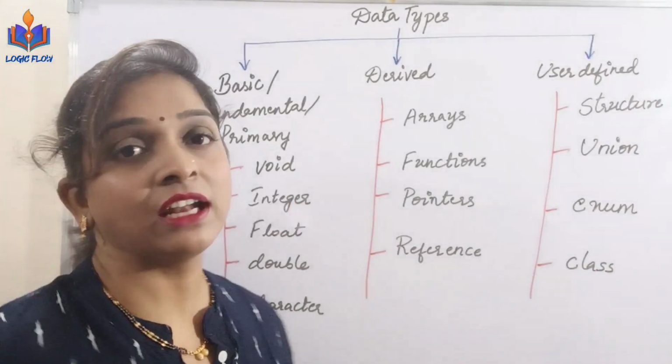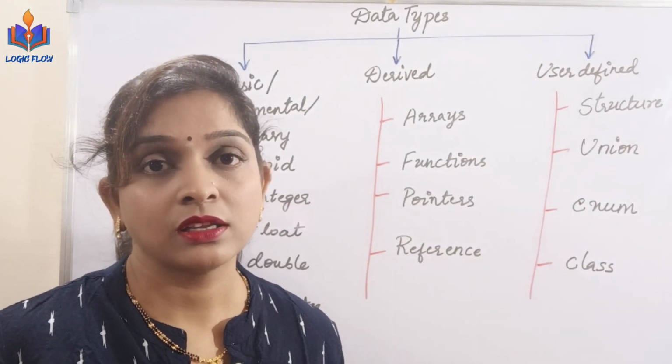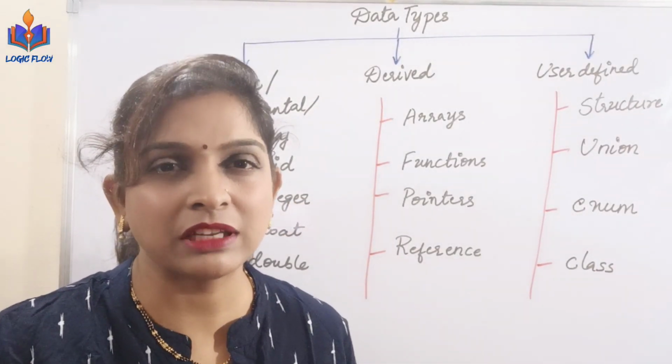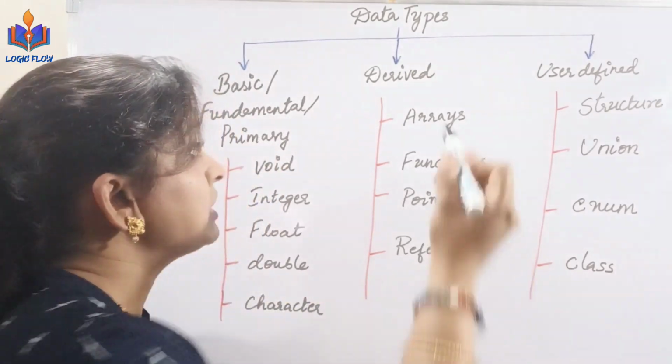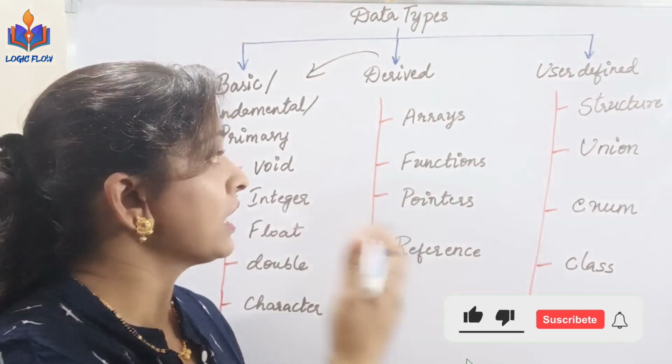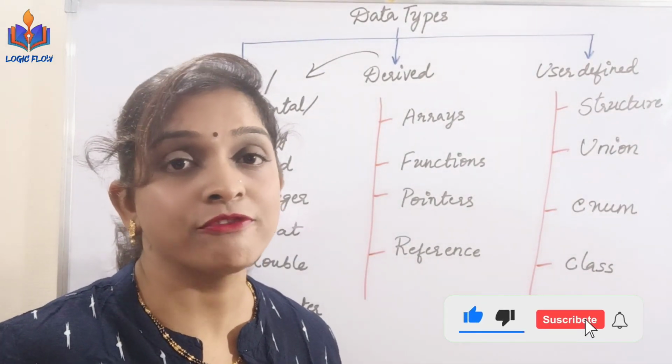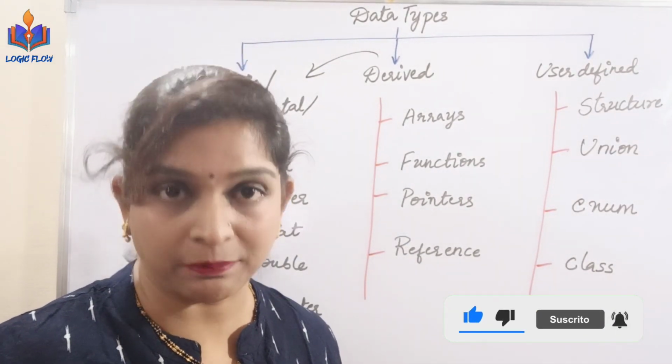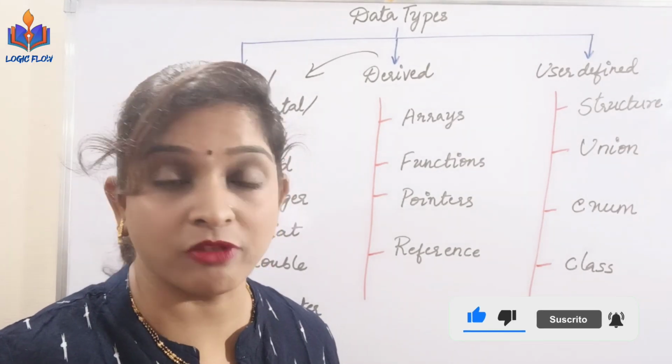Whereas derived data types, the name itself tells you, are derived from the existing data types. When I say array, an array is a block of values of one particular type. It's a homogeneous collection of elements.